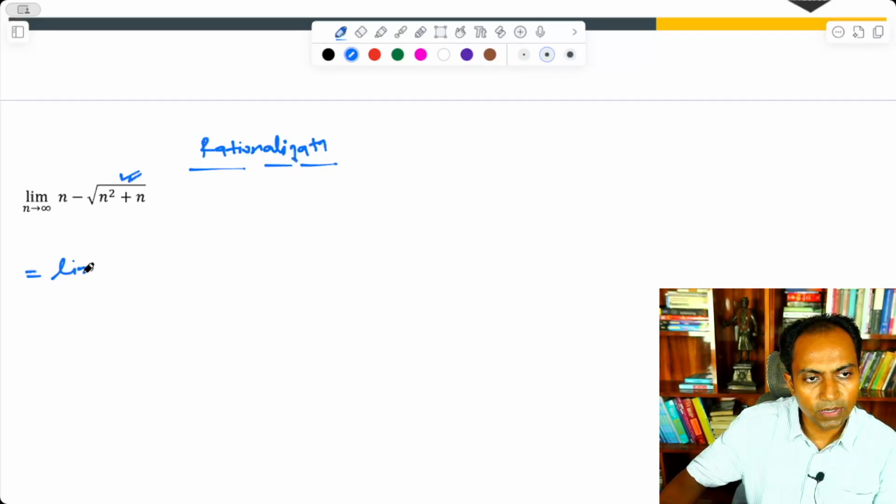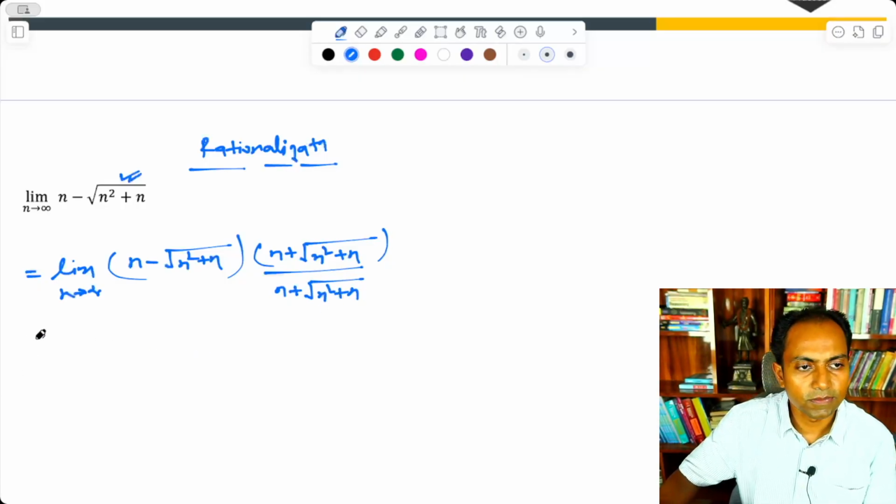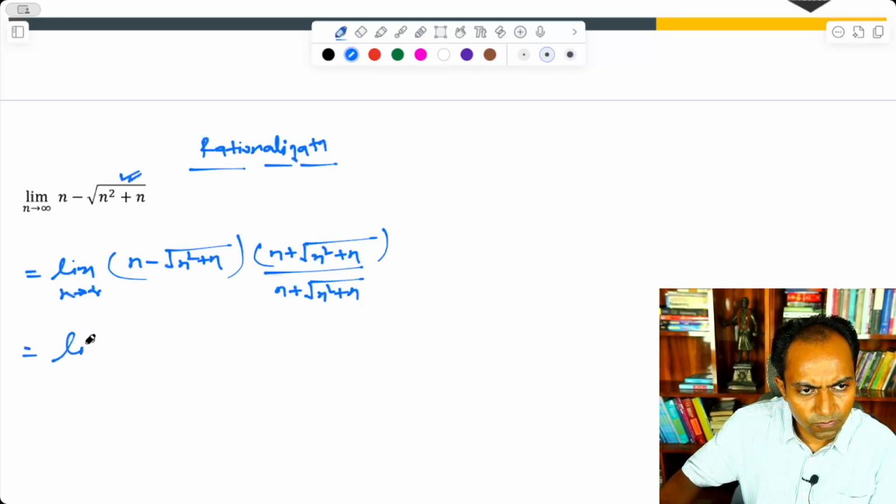This is limit n tends to infinity. After rationalization, let us first do it and then see what happens to this term. We will have to multiply and divide with n plus root of n square plus n. If I have done this, it takes this form.